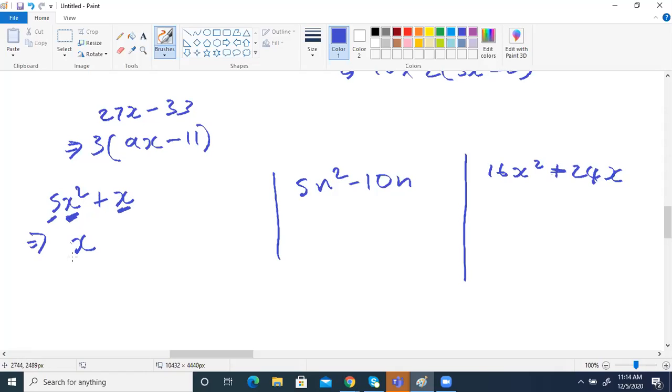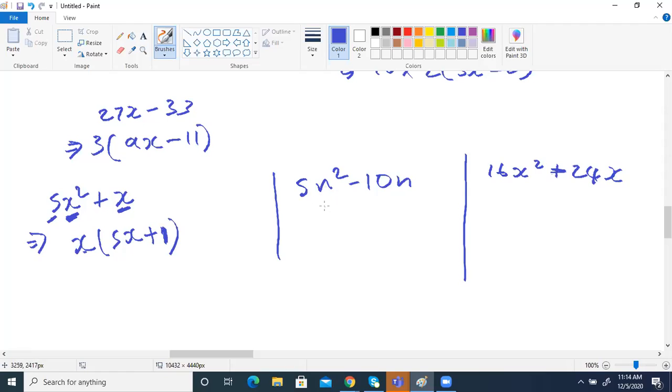So we open the bracket: 5x plus what's supposed to come here? x times 5x gives 5x squared, so x times what gives x? 1. So we get 1. x times 5x is 5x squared, x times 1 is x. All done.